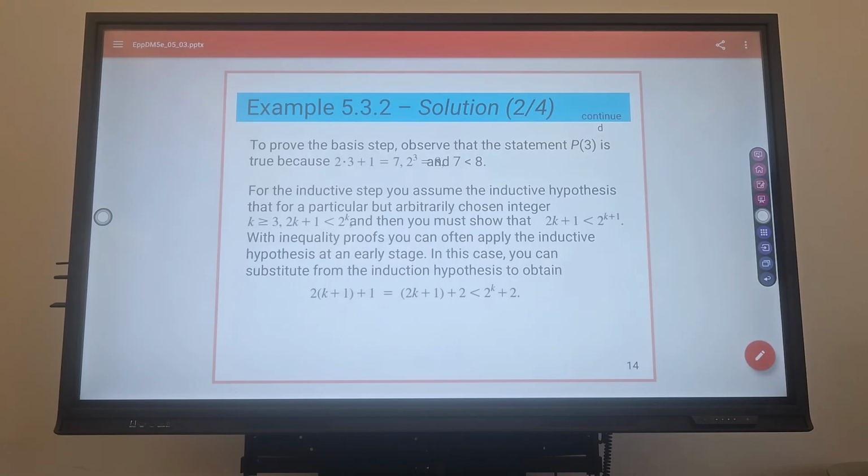With inequality proofs, you can often apply the inductive hypothesis at an early stage. In this case, you can substitute the induction hypothesis to obtain this equivalency here.